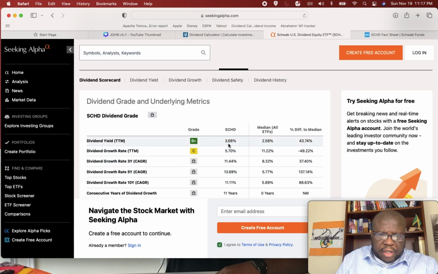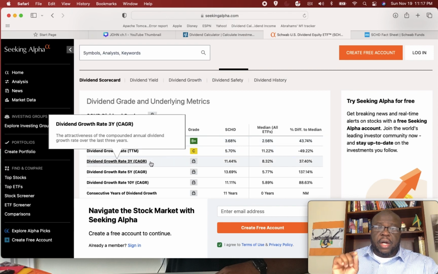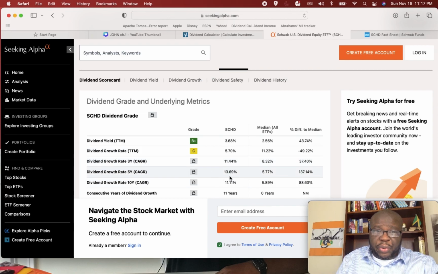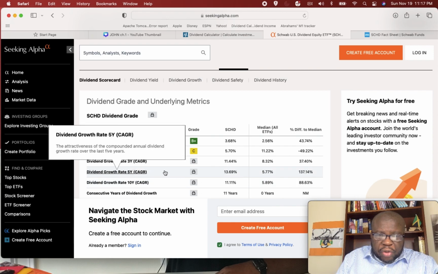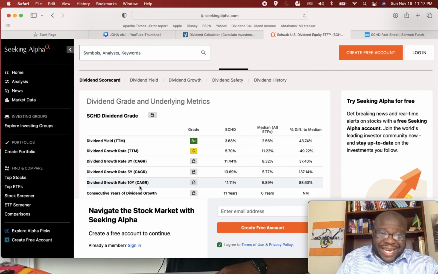The three-year compounded annual growth rate of the dividend is about 13%. So this is one of the things that people love about SCHD. It grows its dividend very well, double digits. The 5-year compound annual growth rate of the dividend, 13%. The 10-year compound annual growth rate of the dividend, 11.11%. So you see that it has grown its dividend very well.